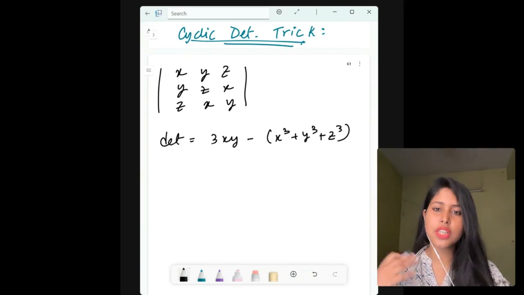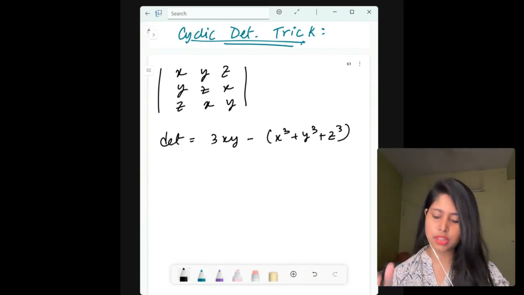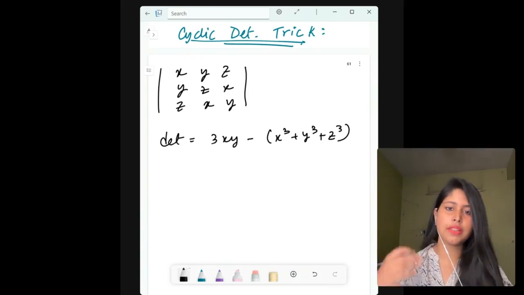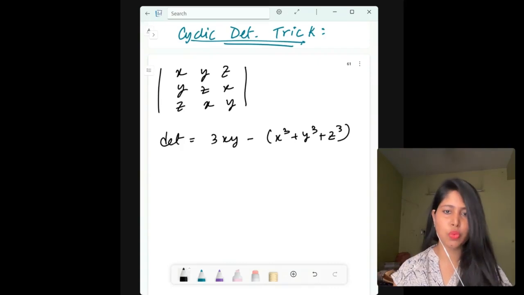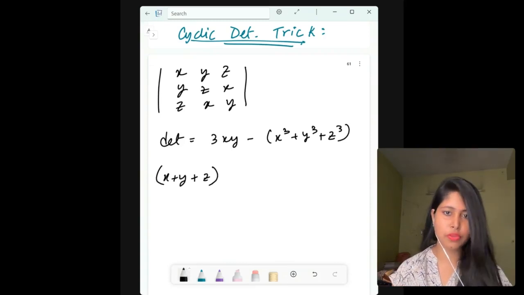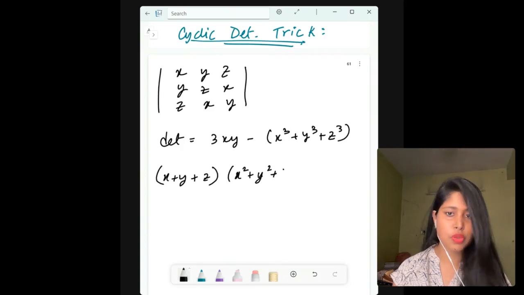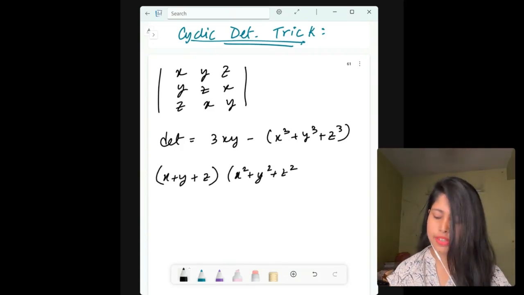Now this also factors using the same identity which we were using in problem number 12, right? The identity is x plus y plus z, which is the a plus b plus c we did, and then comes x squared plus y squared plus z squared minus xy minus yz minus zx.